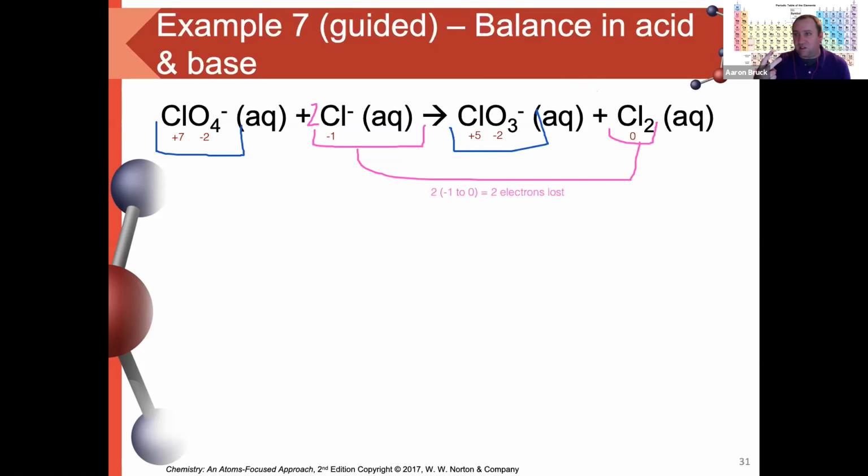There are 2 chlorines in total, so 2 electrons are lost overall. And for the blue scenario, I can see that I go from +7 to +5, which means that 2 electrons have been gained.